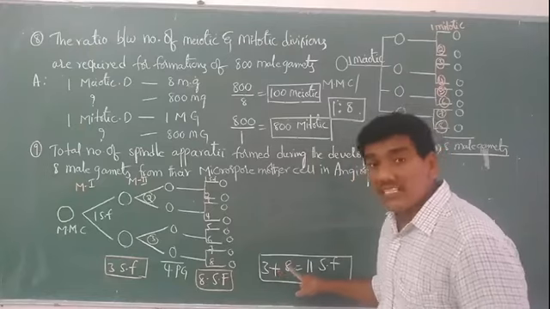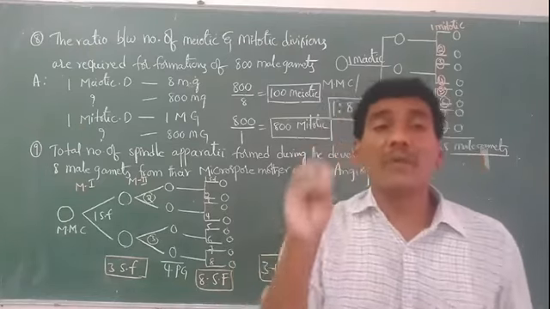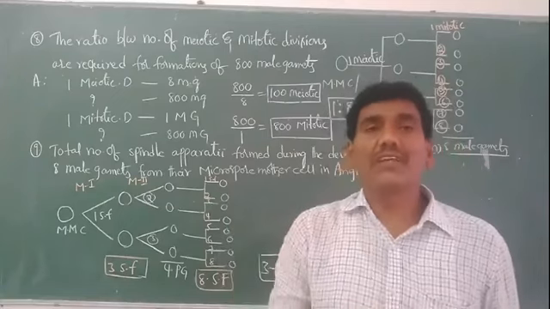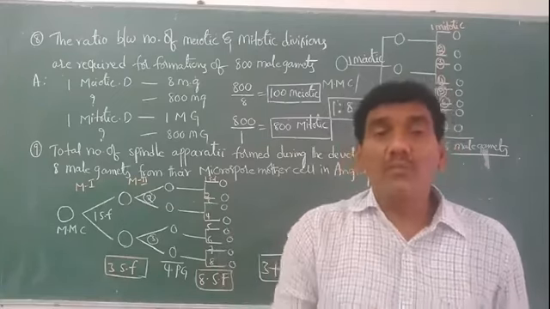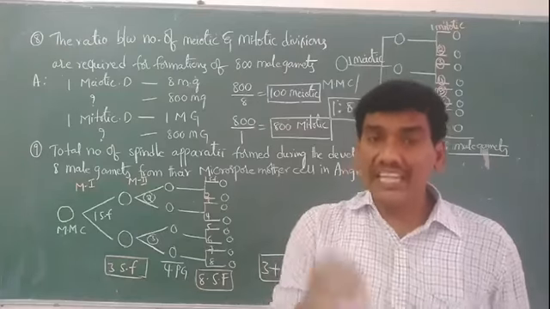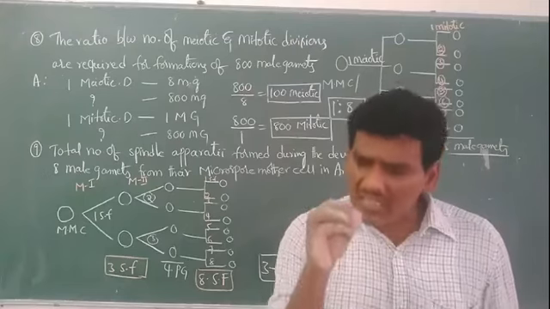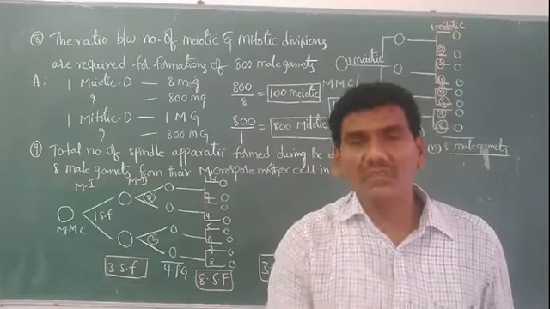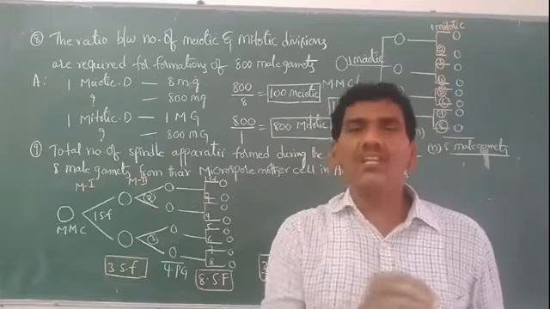Totally 3 plus 8, 11 spindle fibers are involved for the formation of 8 male gametes from the microspore mother cell in angiosperms. These are important problems involved in microsporogenesis. These problems are asked in the NEET examination as well as the CET examination. Please practice these problems thoroughly.